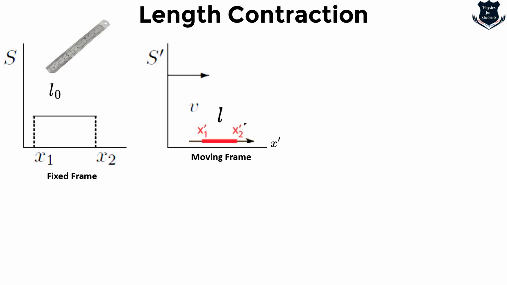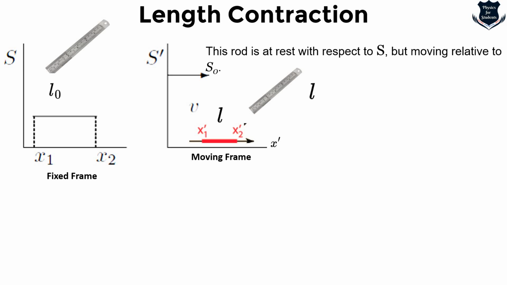So let there be a rod, as I mentioned here, L0 in the S frame of reference, and we will call it L in terms of the S prime frame of reference. This rod is at rest with respect to S, but moving relative to the other frame, that is S prime. So L0 will be equal to what? x2 minus x1.